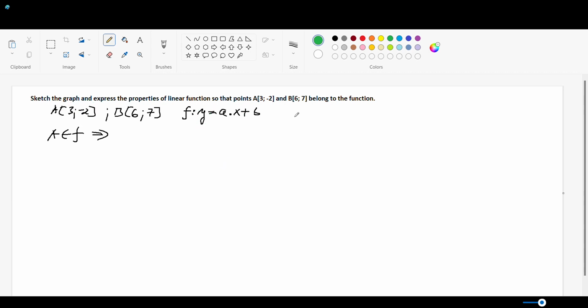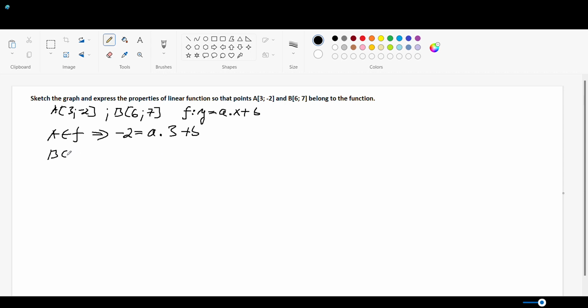That's why we can simply write this equation as -2, because this is the y coordinate of point A, equals a times, and instead of x we write 3, which is the first coordinate of point A, plus b.